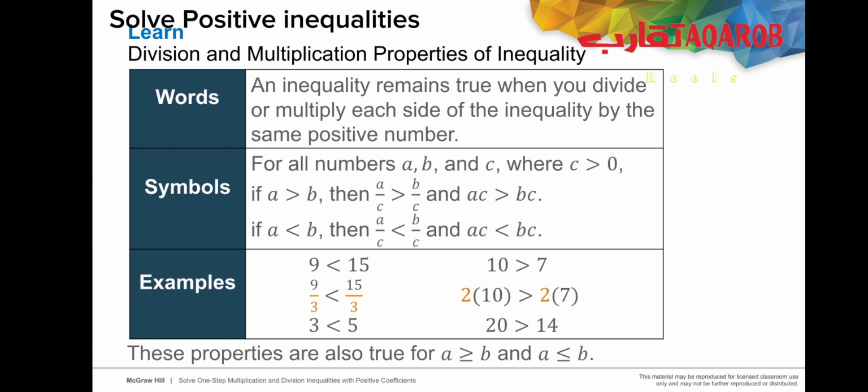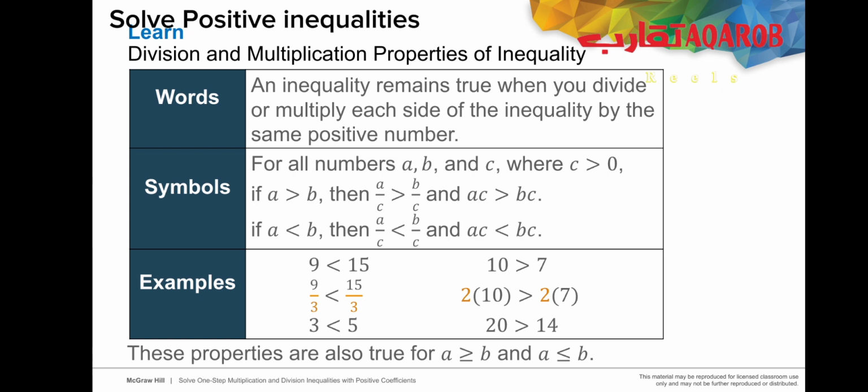Now, for example, 9 is less than 15. To keep this inequality true, where the left side is less than the right side, whatever you do to the right side, you should do the same to the left side. You divide 15 by 3, you have to divide 9 by 3.